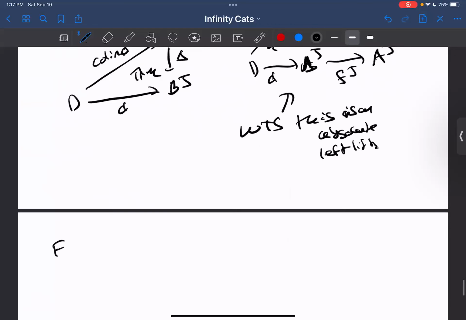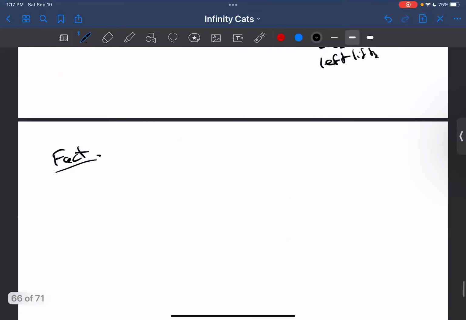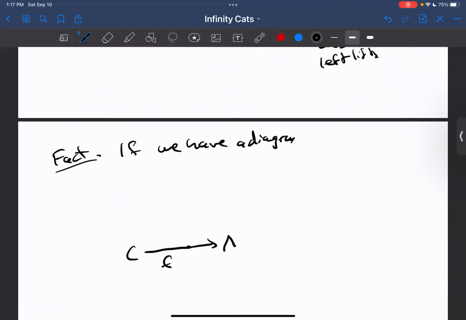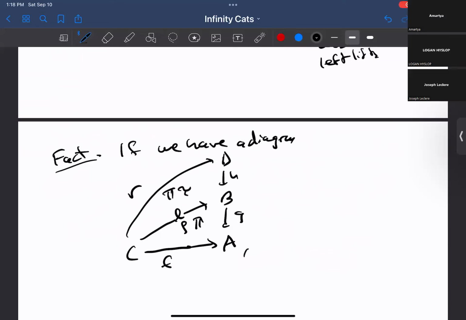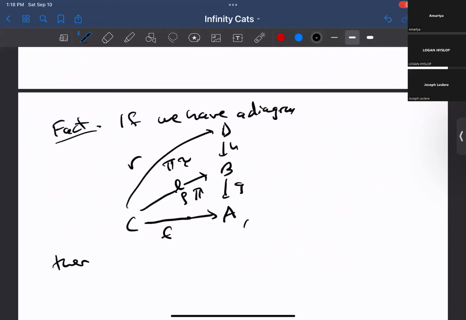To do this, we're going to use the following fact. If we have a diagram, let me keep my notation consistent with what I was doing earlier. It looks like this. Then sigma, I guess.